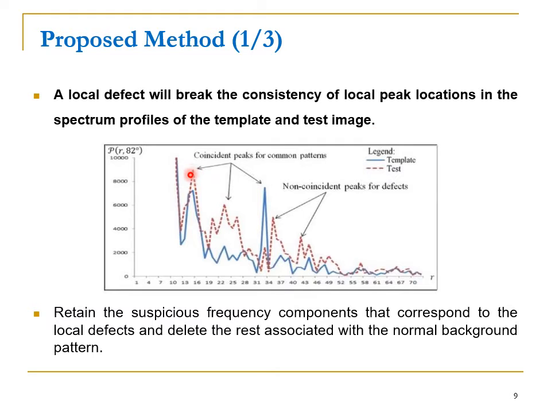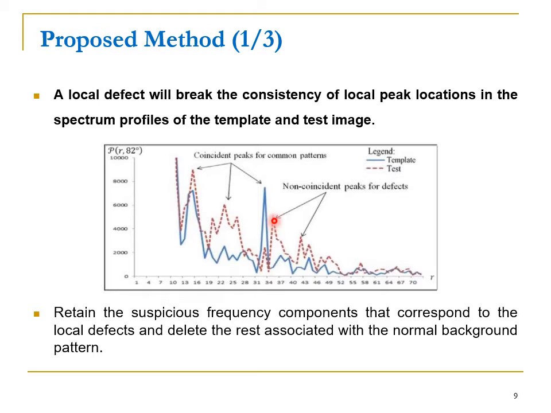For the first 3 red peaks, we can see that they are aligned with the blue peaks. It means that the template and test power profiles are matching as far as the first 3 peaks go, but if we take a look at the next 2 red peaks, they are alone.